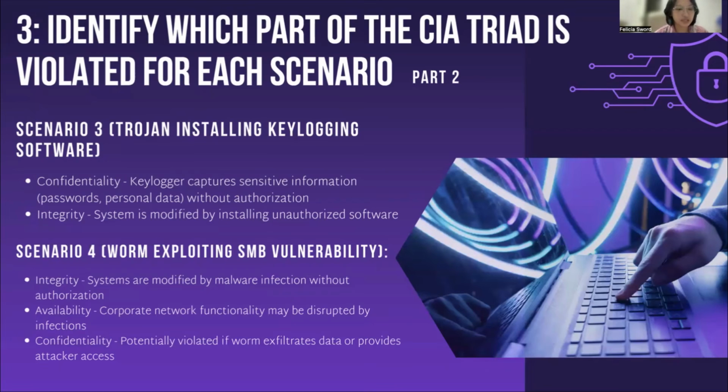Scenario 4, systems are being modified by malware infection without authorization, violating integrity. Corporate network functionality may be disrupted by infections, violating availability, and potentially violating the confidentiality aspect if the worm exfiltrates data or provides attacker access to the data.